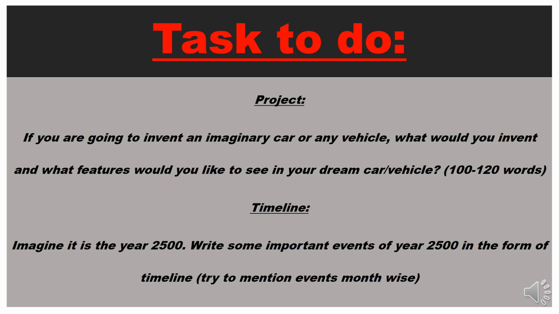And number two, imagine it is the year 2500. Write some important events of the year 2500 in the form of a timeline. Try to mention events month wise, right?